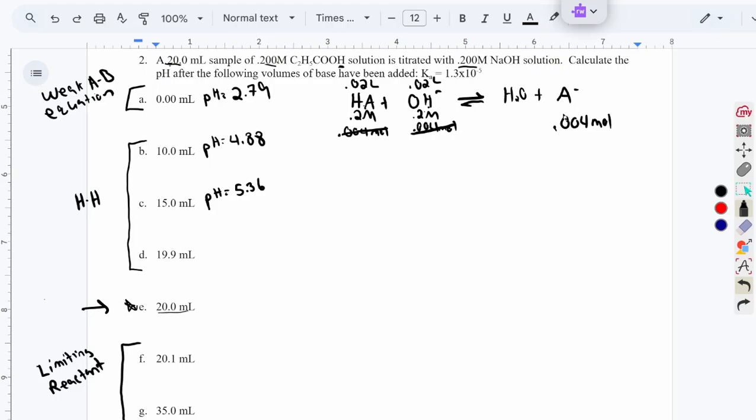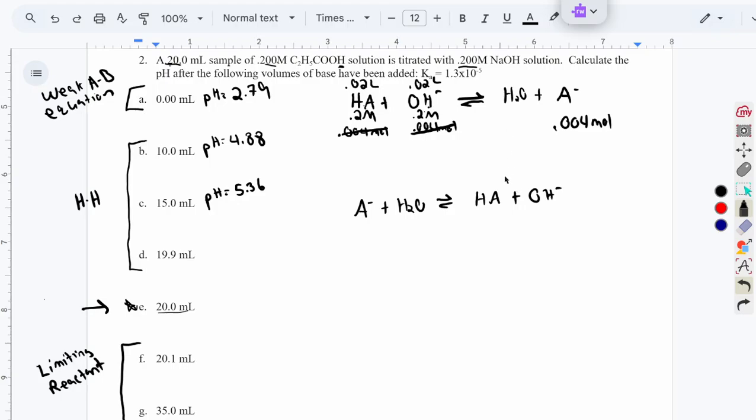Well, now this is a weak base problem. So we got to rewrite our equation. We've got A minus plus water gives us HA plus OH minus. Look, it's the same exact equation. We just wrote it backward. But that indicates to us now that we're running a different reaction.